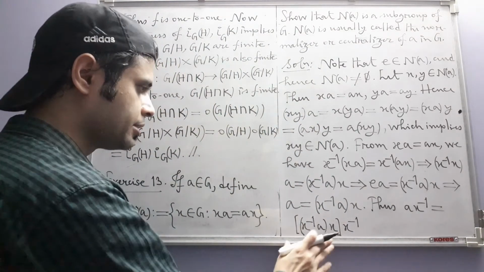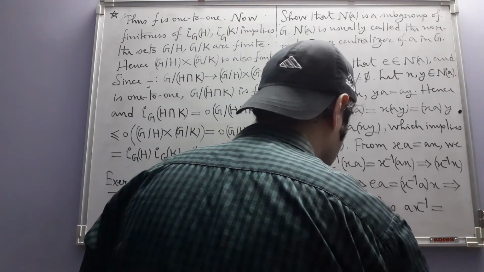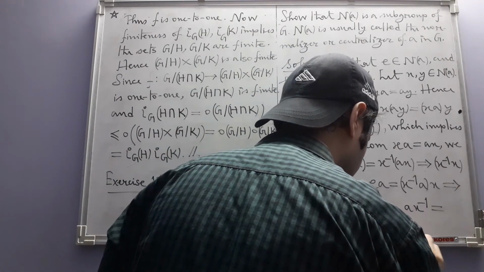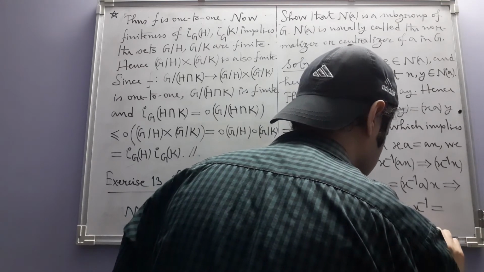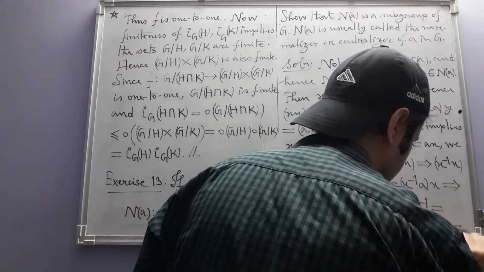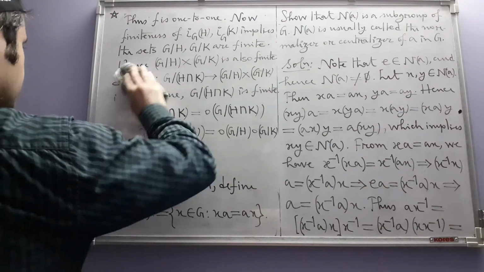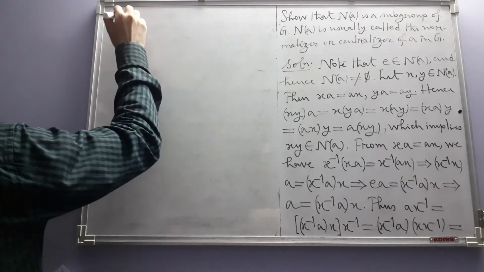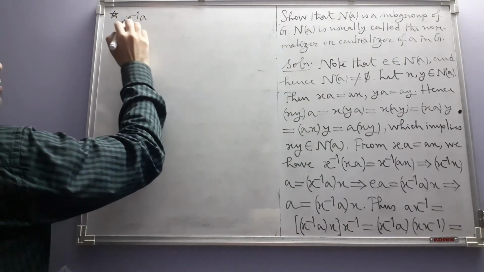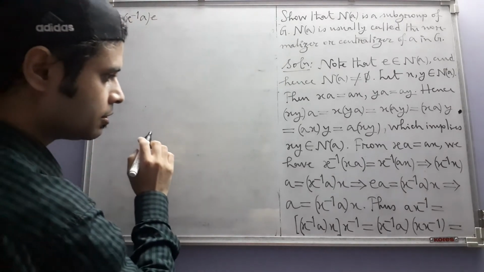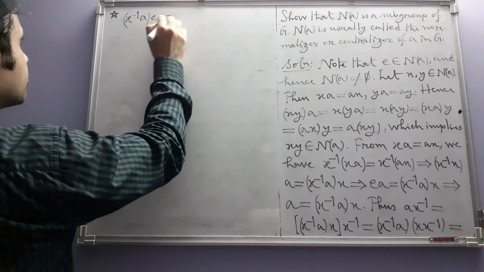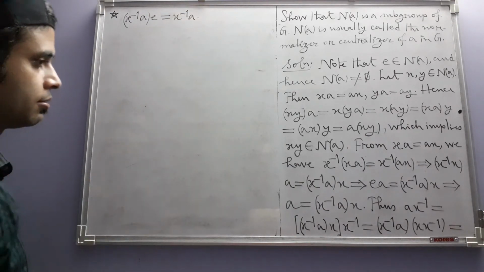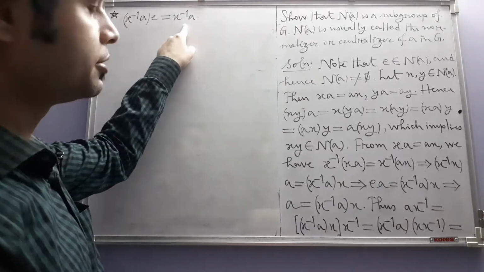Yeah, I am replacing for A. So now I will have, because of the associative law, X inverse A times E, and that is equal to X inverse A. So X inverse also commutes with A.